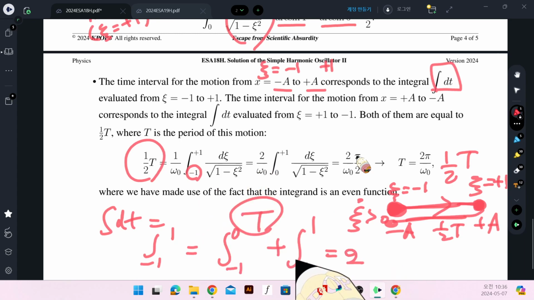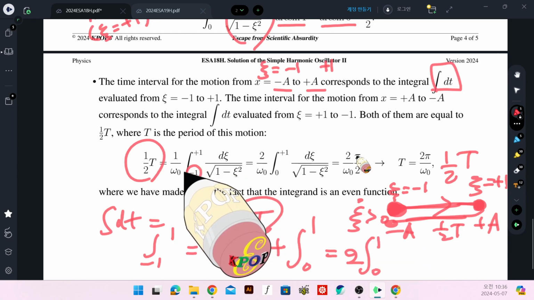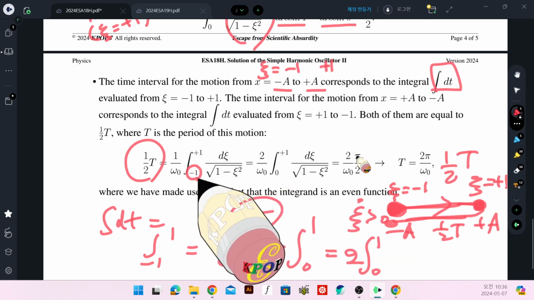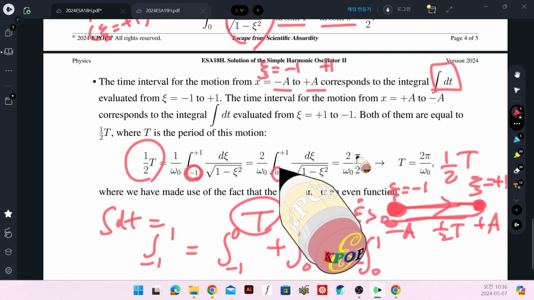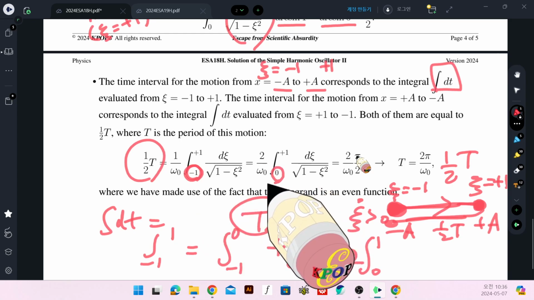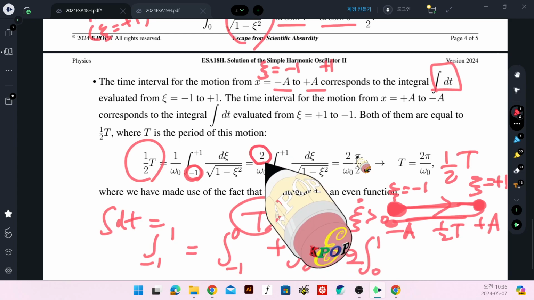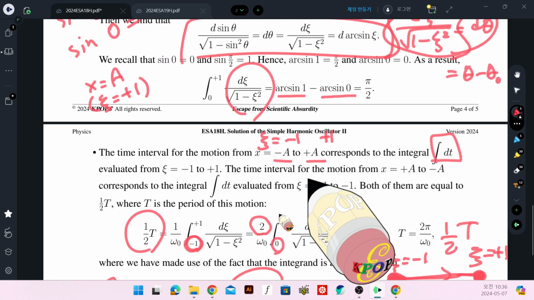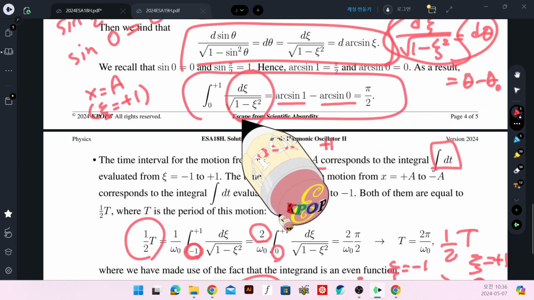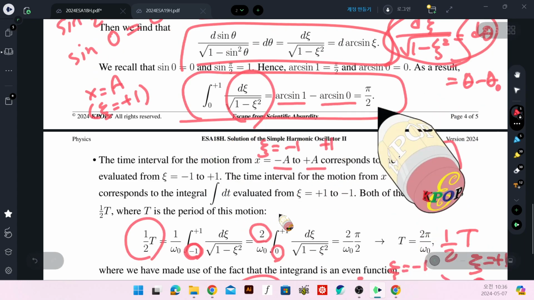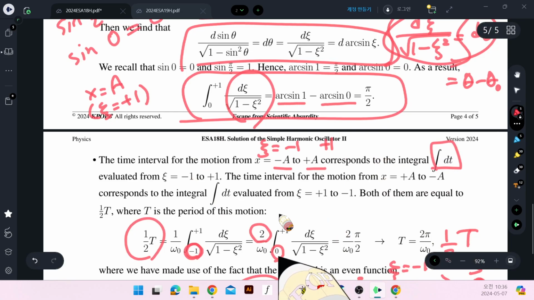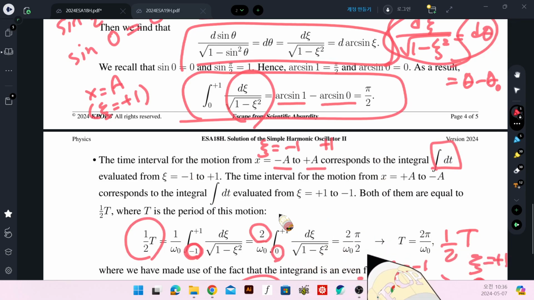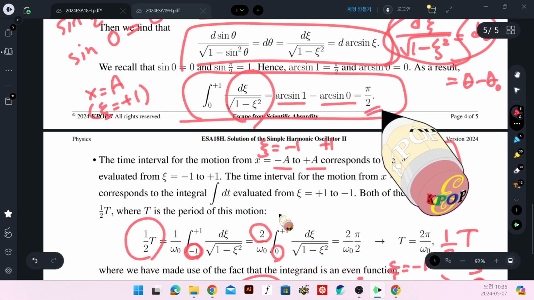Therefore, these two integrals are identical to each other. So we have a factor of 2. So the lower bound is replaced with 0, and we have multiplied this expression by a factor of 2. We recall that from the integral table, the arc sine evaluated from 0 to 1 is 1/2 of pi.